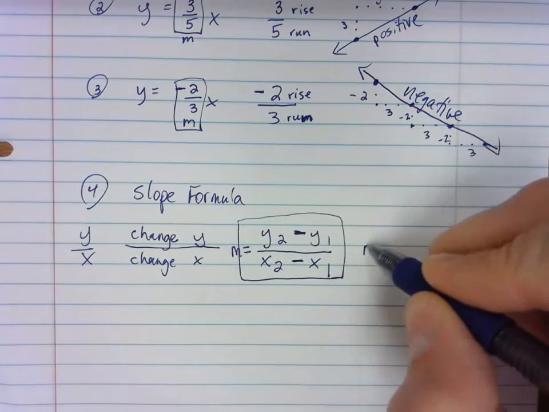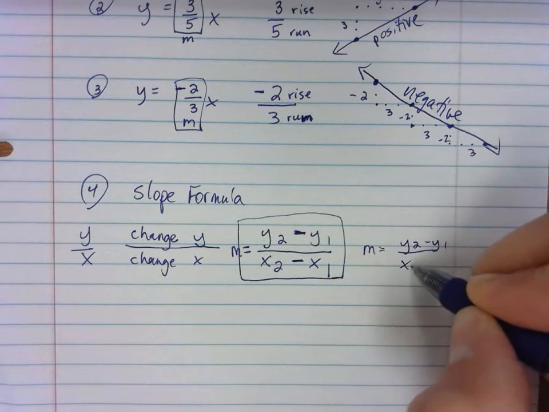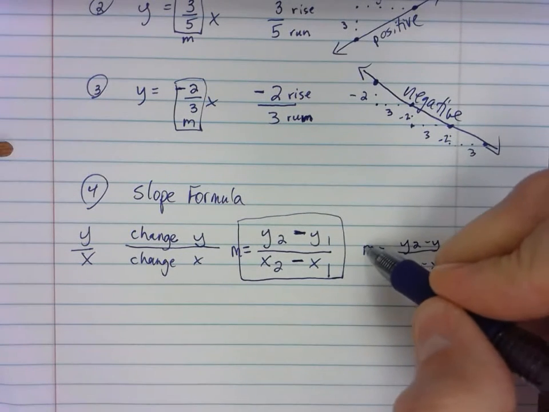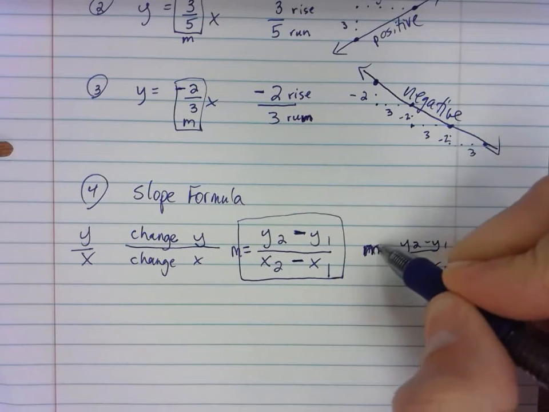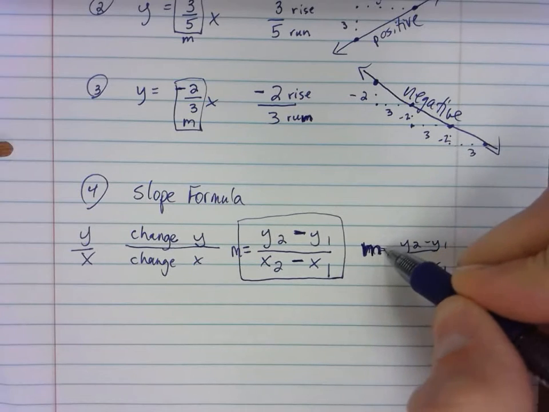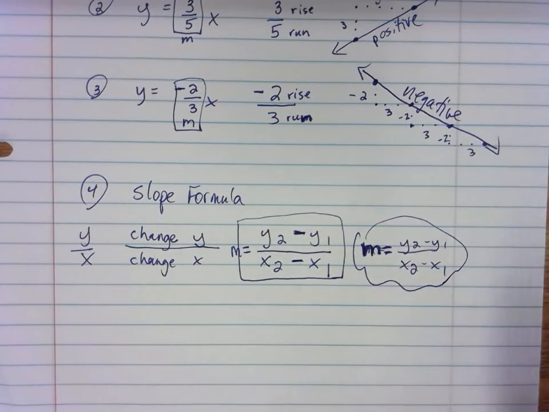So m equals y2 minus y1 over x2 minus x1. Again, the m stands for the slope. If you want to look up and find out why the m stands for slope instead of s standing for slope, you can feel free to do that and email me that answer.